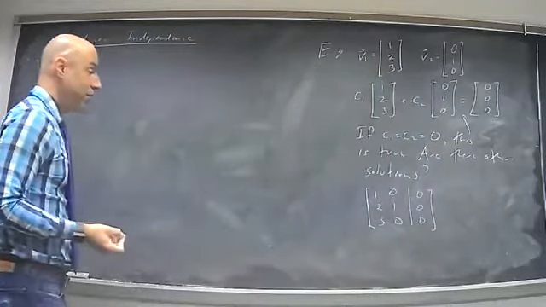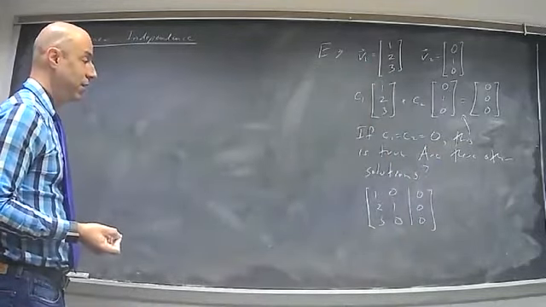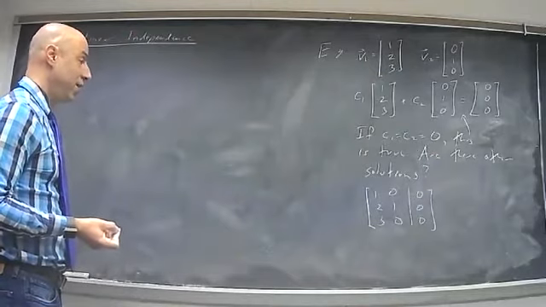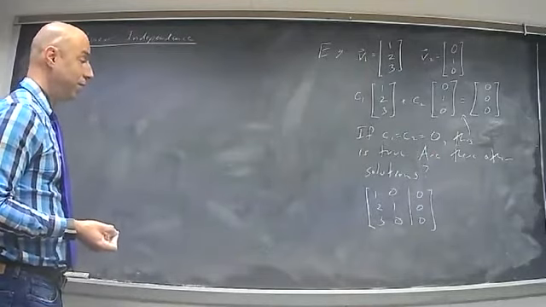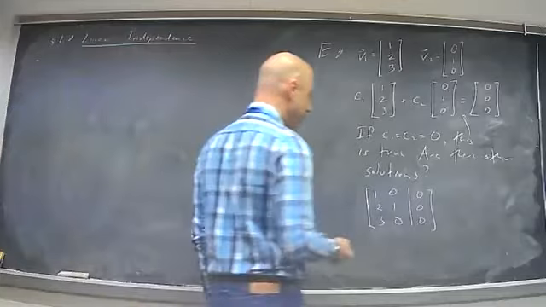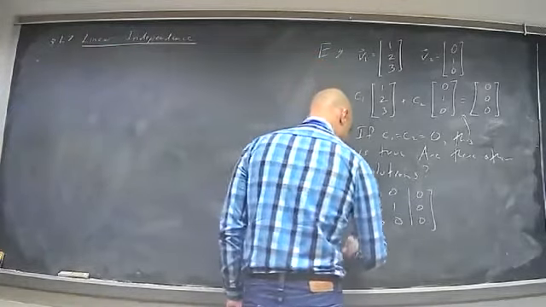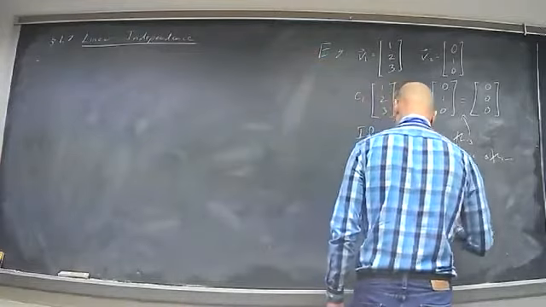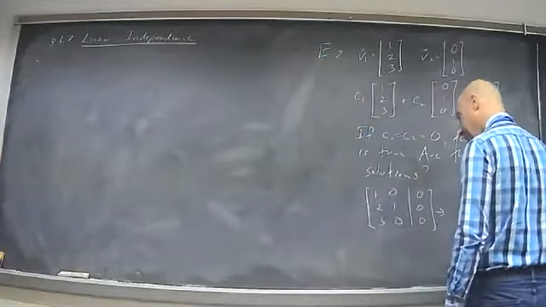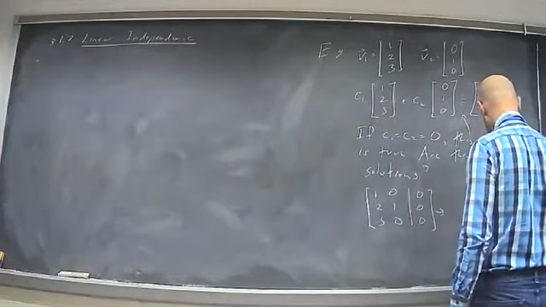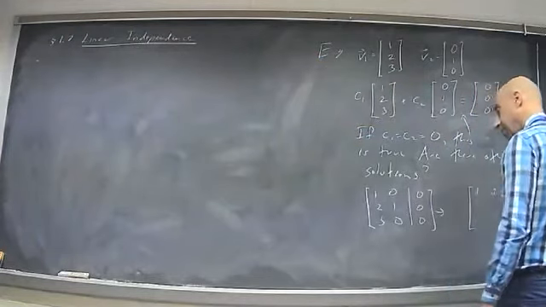Let's see if there are any other solutions. So this thing is almost in reduced echelon form already. There really isn't too much more to do. So I can go ahead and leave the first row alone, 1, 0, vertical bar 0.